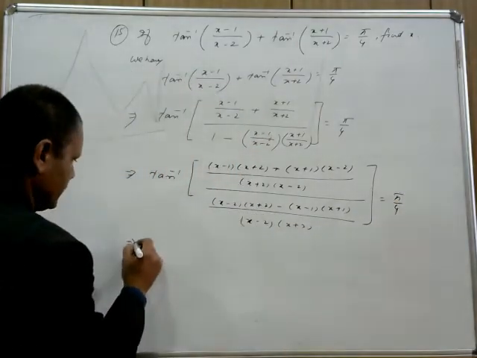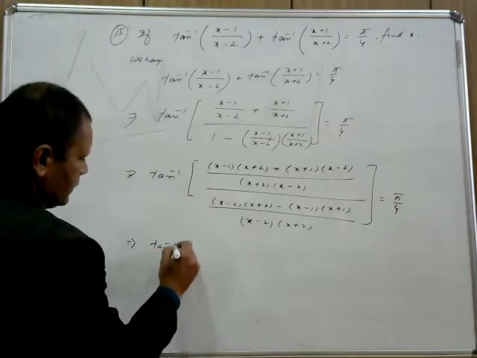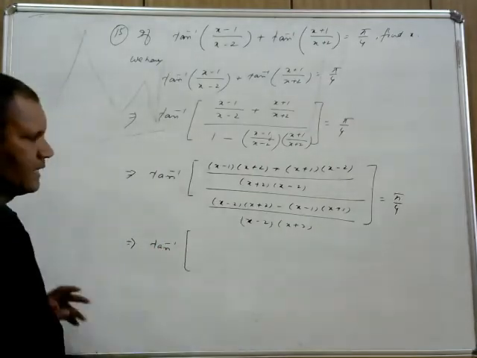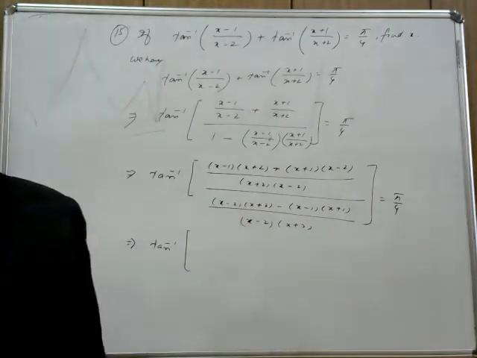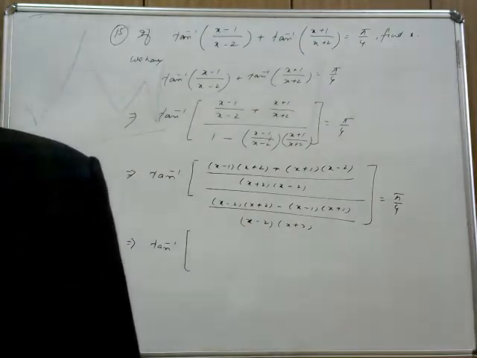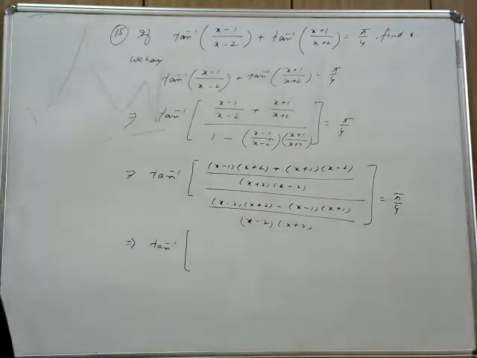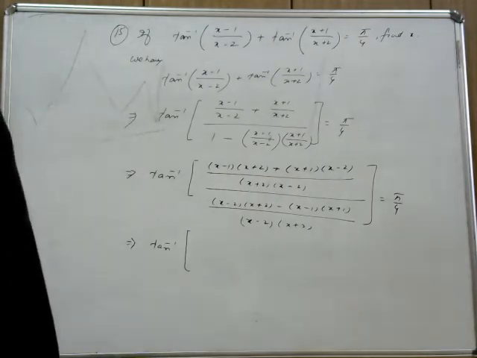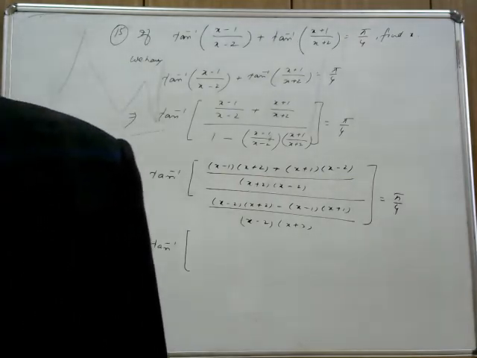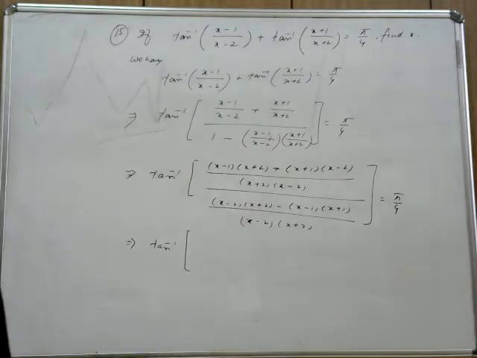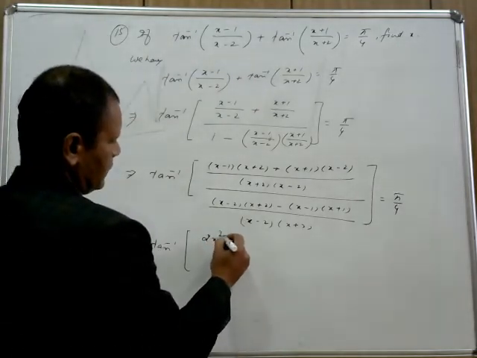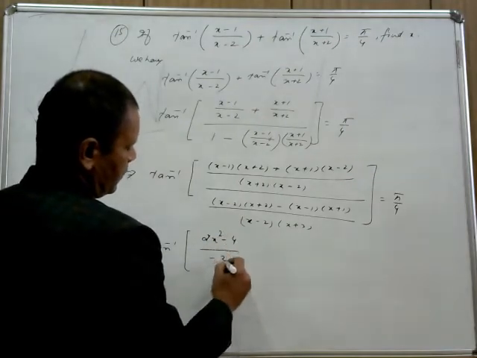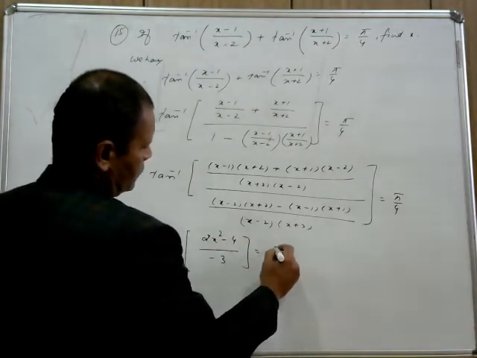By solving this, see x plus 2 x minus 2, the denominator will be cancelled, and ultimately you will be getting this value as tan inverse 2x square minus 4 upon minus 3 is equal to pi by 4.